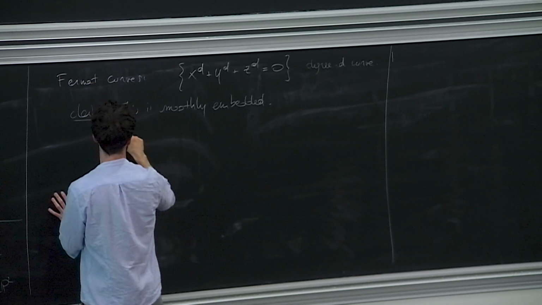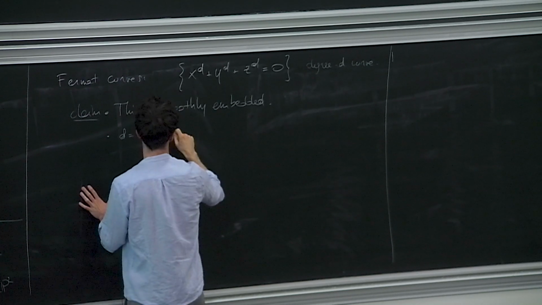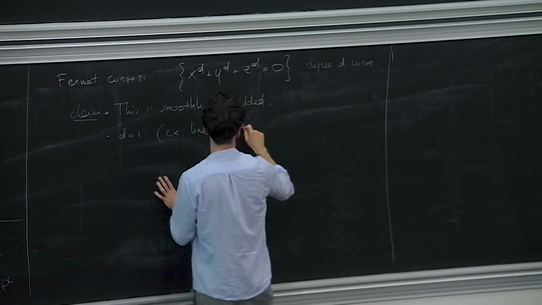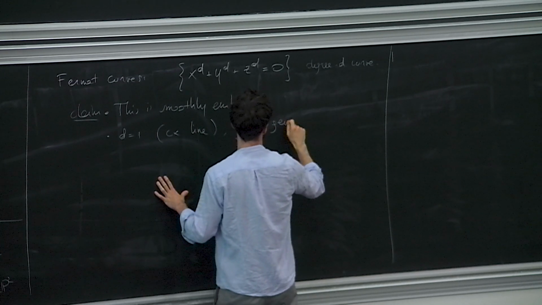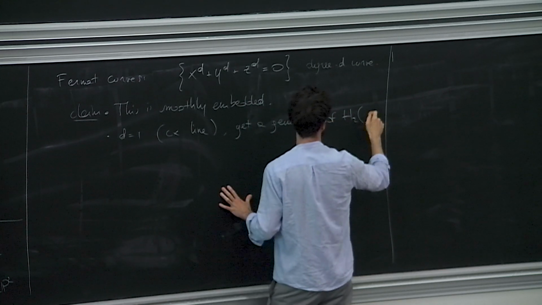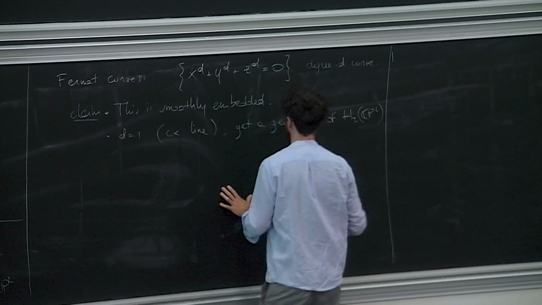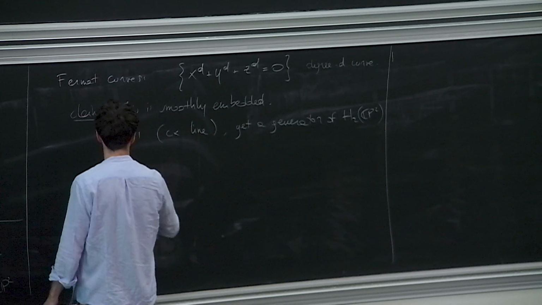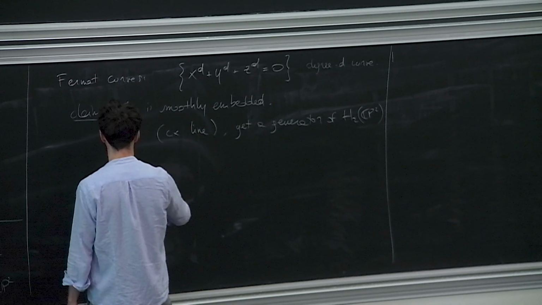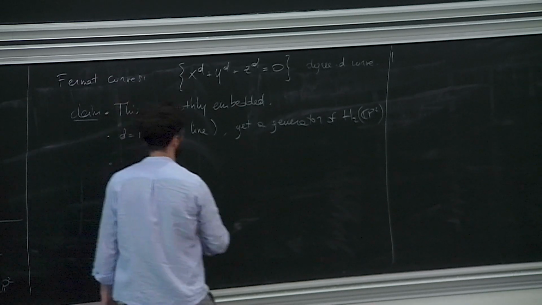That for d equal 1, so this is the case of a complex line, we get a generator of H2 of CP2. And in general, this is a two-sphere.